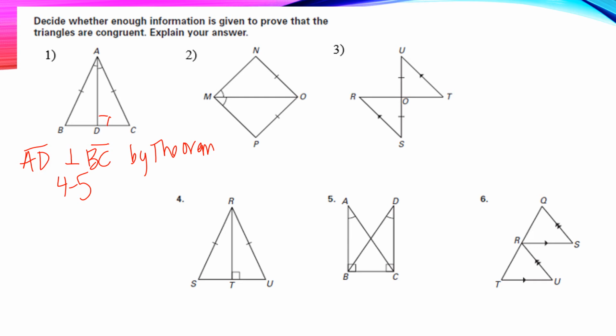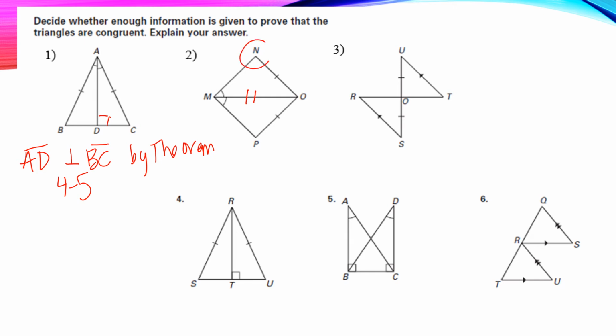For number two, I have my two pieces that are congruent already. I know that MO is reflexive, or is the same segment, so I can say that that's reflexive. Now looking at these two triangles, I have angle, side, side on both of them, or side, side, angle, however you want to say it.